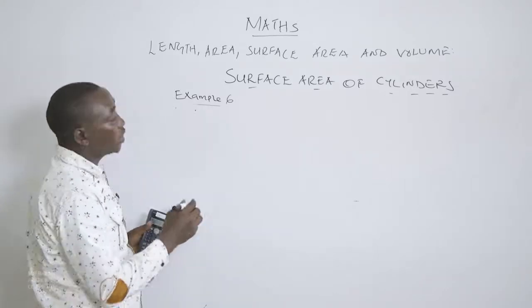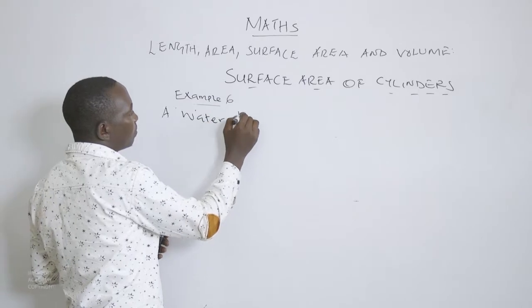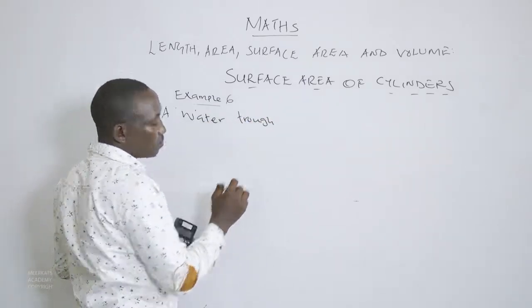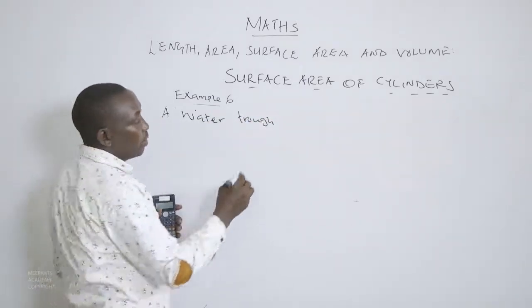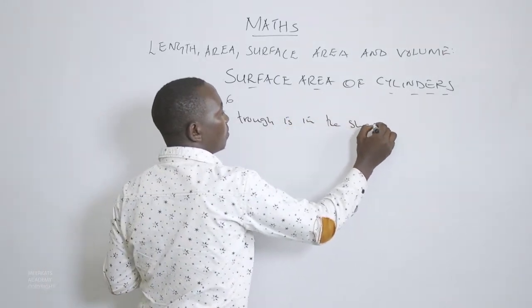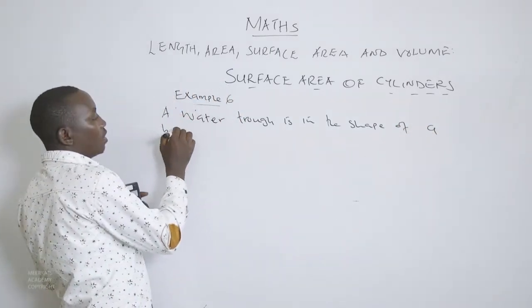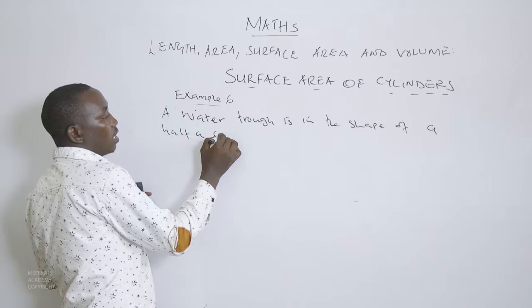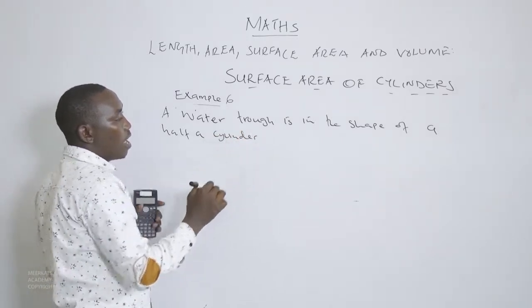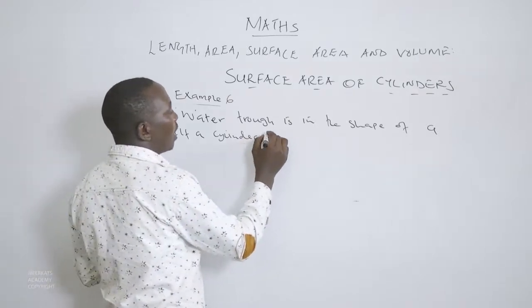we are told that a water trough is in the shape of a half cylinder. It's semicircular.